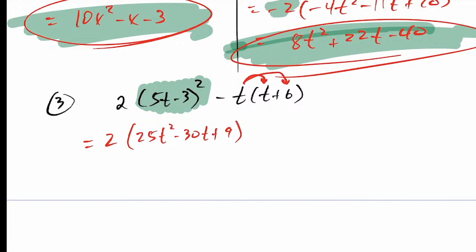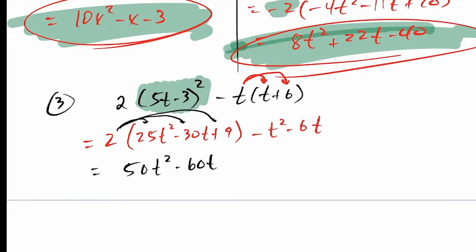Then you're going to distribute that minus t into the brackets. Right, so now I've expanded this out. You should always look whether you could simplify. I don't have to simplify it in this case. And then you're going to distribute this 2 into the brackets. So I'm doubling all of these numbers. So this is going to give me 50t squared minus 60t plus 18 minus t squared minus 6t.